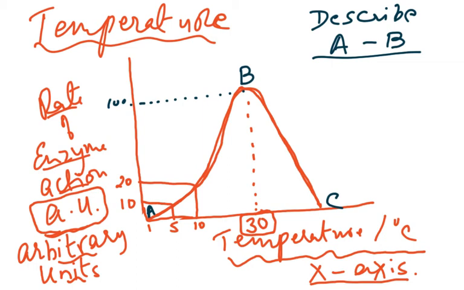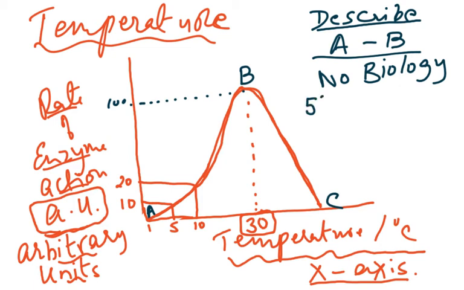Now at times we ask you a question and I say describe A to B. Please remember, describe is no biology. You do not give me any biological explanations. You will only give me points which are relevant, like you would say, at 5 degrees Celsius, you have to give me the units. The rate is 10 arbitrary units.